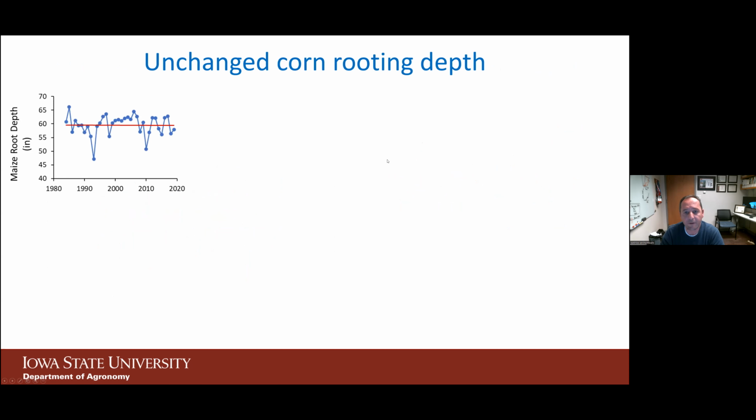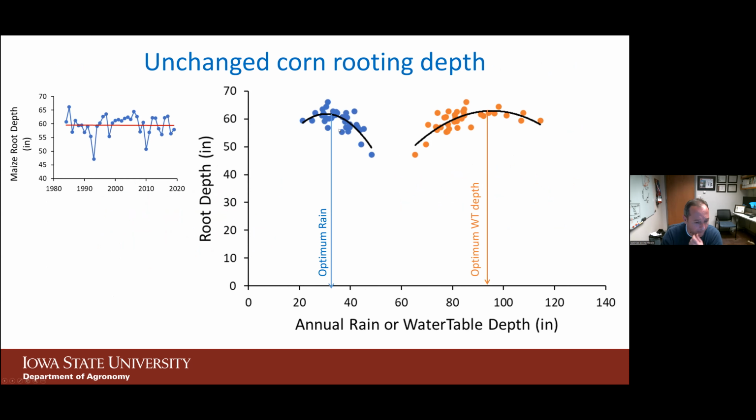A few things about the roots. Through the modeling, we didn't see any historical change with regards to the rooting depth, but an important emergent property from the model is some relations between rooting depth in Iowa for corn and annual rain or depth to the water table.